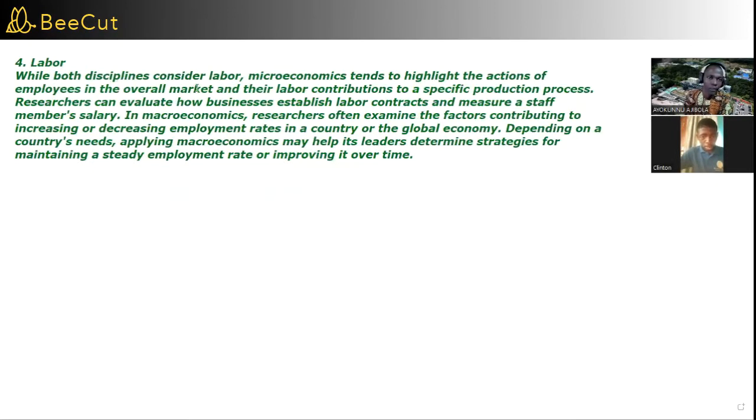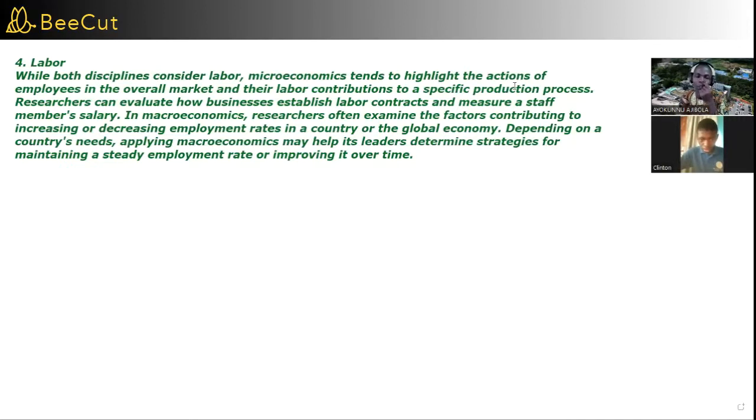While both disciplines consider labor, microeconomics tends to highlight the actions of employees in the overall market and their labor contribution to a specific production process. That means microeconomics narrows the consideration in terms of labor to a particular production process or production area.